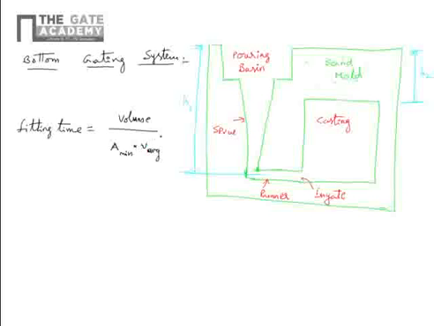Instead of maximum velocity, we take here the average velocity. V average equals V max plus V minimum by 2.